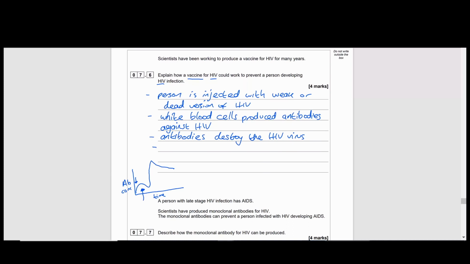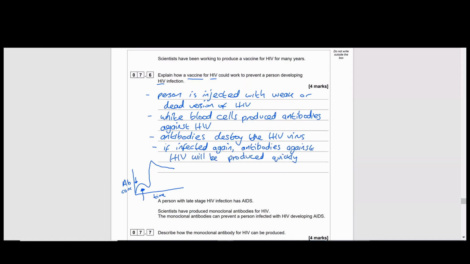Well, it's because our white blood cells have somehow remembered this specific virus shape and are going to quickly produce antibodies against it. So we want to ensure that we write, if infected again, antibodies will be produced quickly.